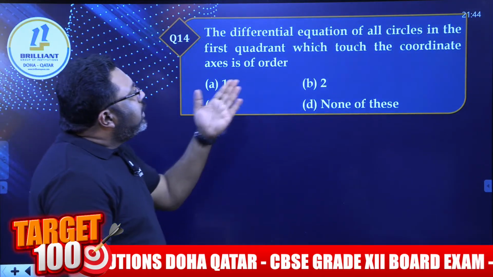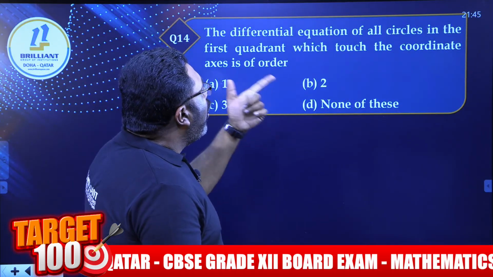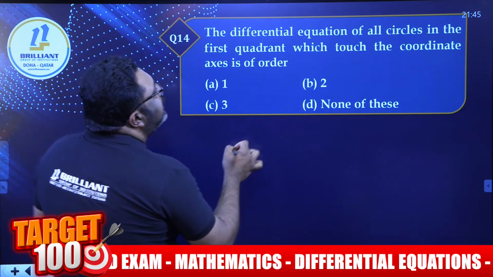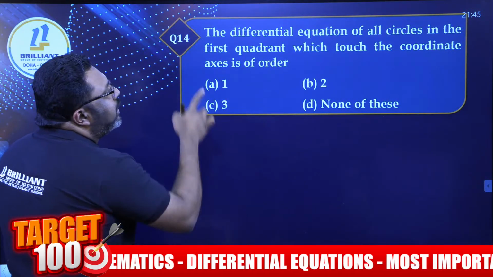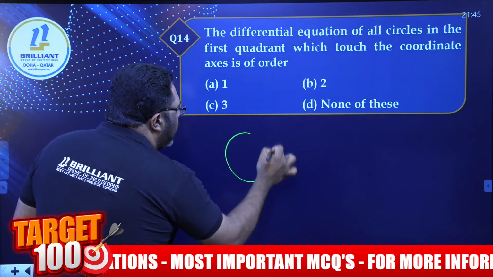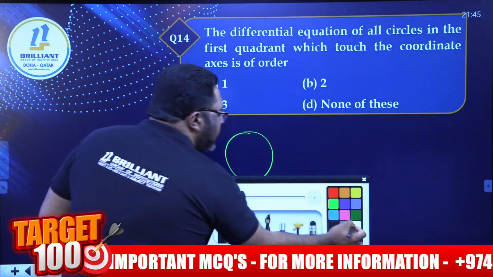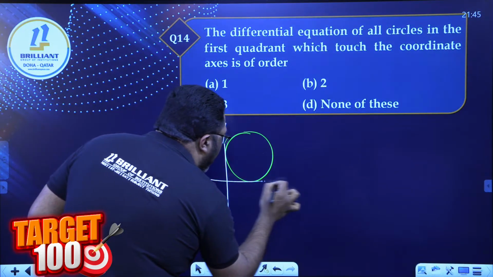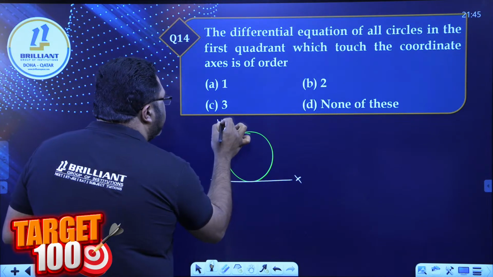Question number 14. The differential equation of all circles in the first quadrant which touch the coordinate axis. So I'm drawing a circle and this circle touches the coordinate axis in the first quadrant.